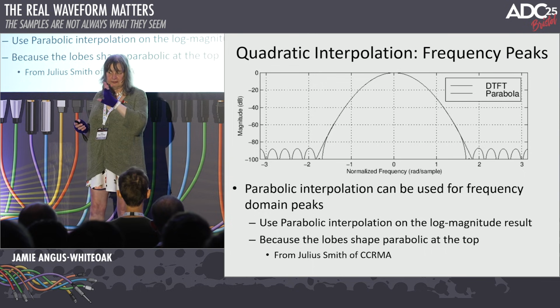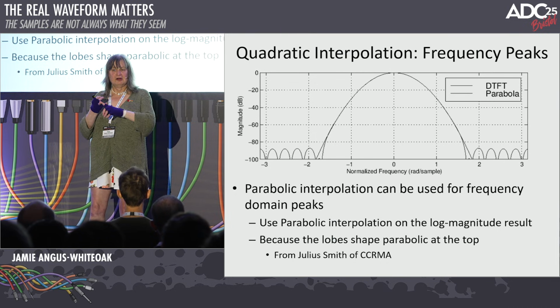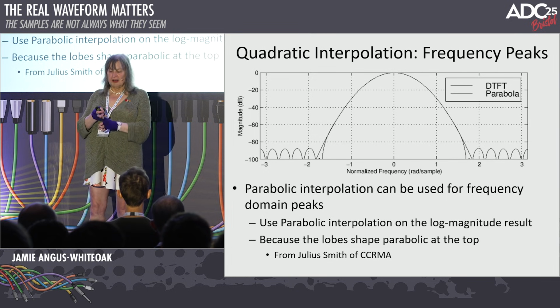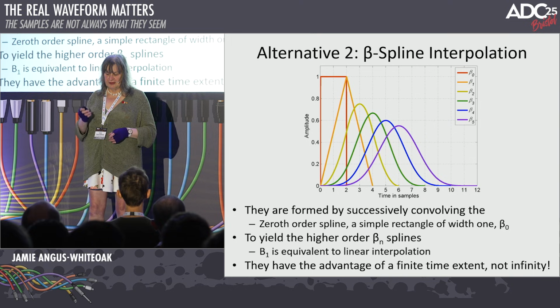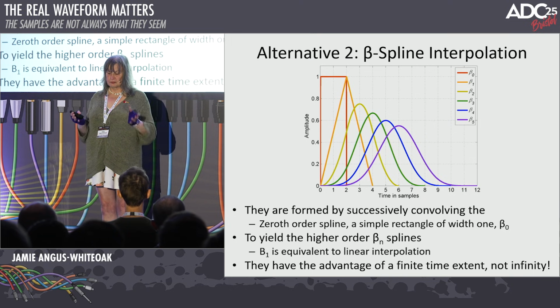Okay, so that's method 1. We've got interpolation we can use to fill in the gaps between the waveforms. We've got parabolic interpolation. There's one other thing I'd like to talk about, and that's B-spline interpolation.